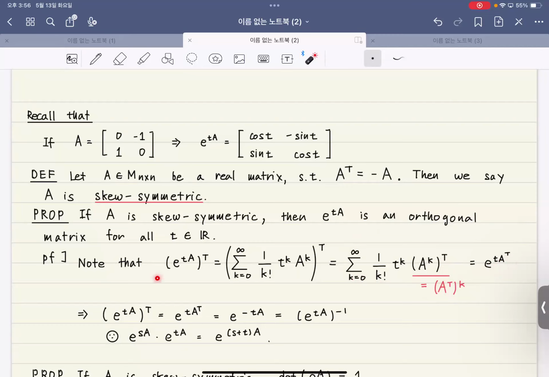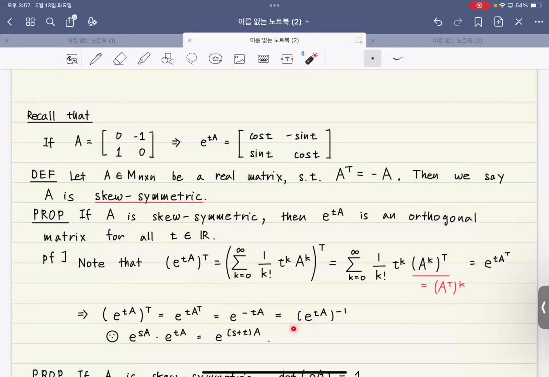Okay, so this guy equals that. So (e^(tA))^T is e^(tA^T). But we are assuming that A is a skew-symmetric matrix, so A transpose can be replaced by minus A. And e^(-tA) is the inverse of e^(tA).